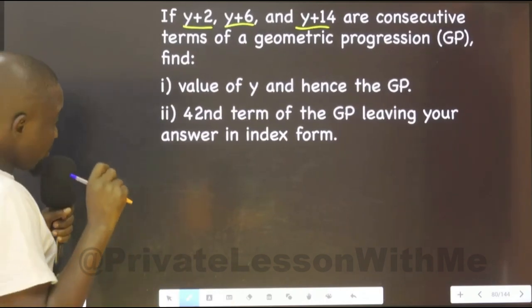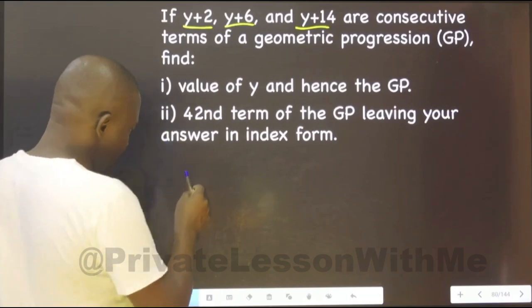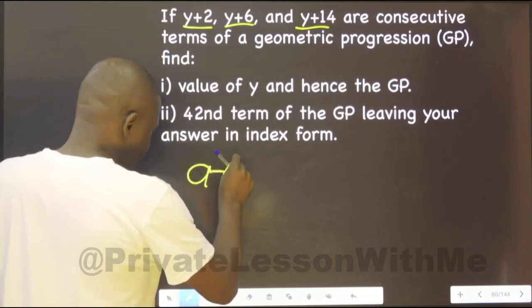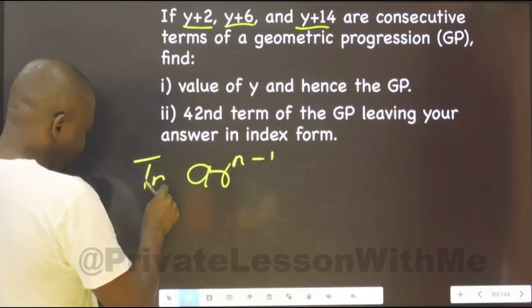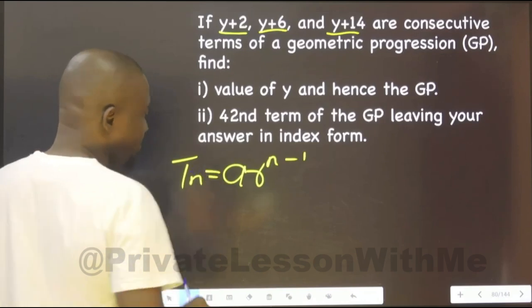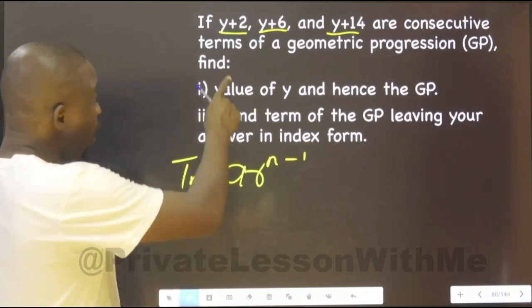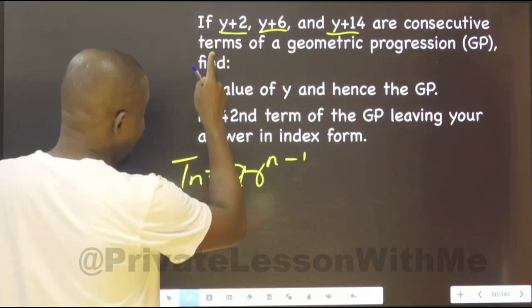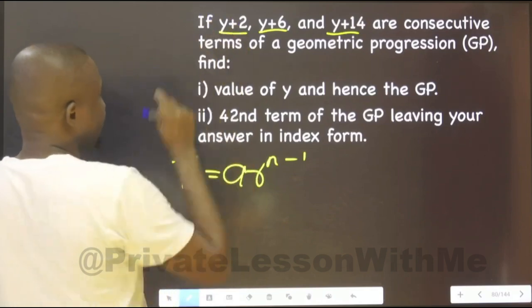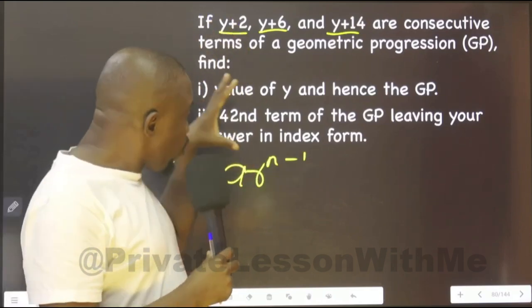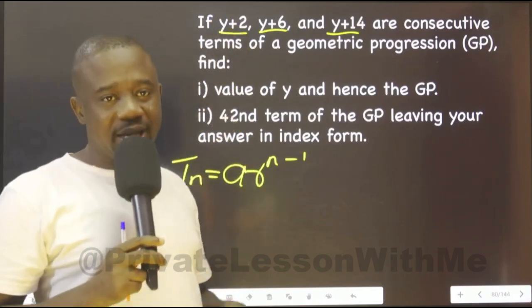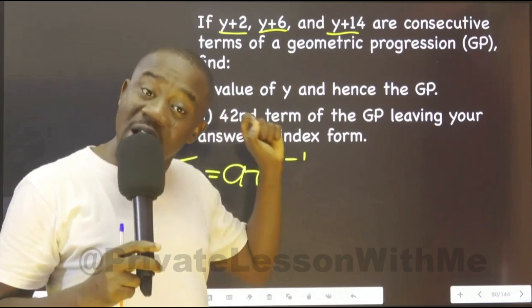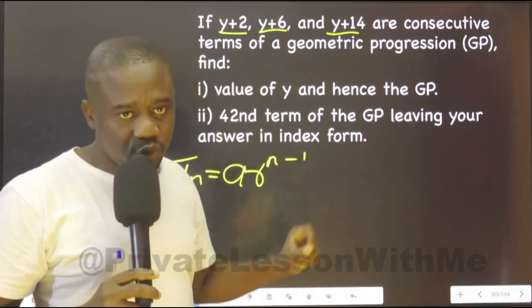The first thing we need to do is to write down the formula, which says for any term... Okay? What is a? The first term here is this. But because the question is asking us to find y, we are going to only use the common ratio.